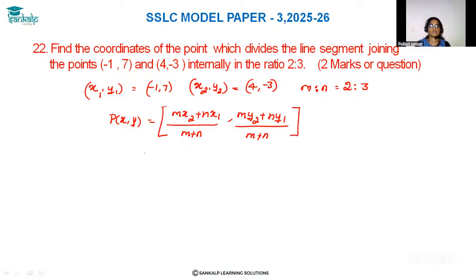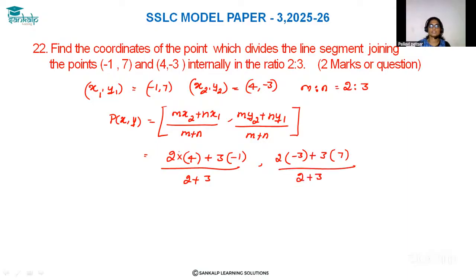So here m is 2 into 4 plus 3 into minus 1 divided by 2 plus 3, comma, 2 into y2 which is minus 3, plus n which is 3 into y1 which is 7, divided by 2 plus 3.